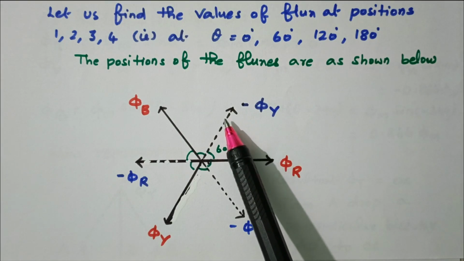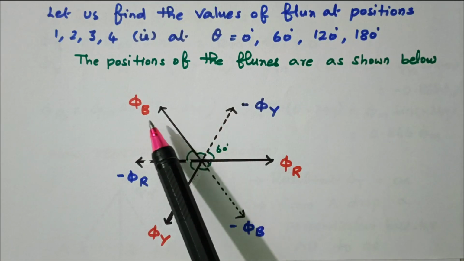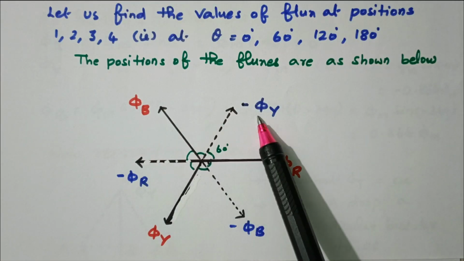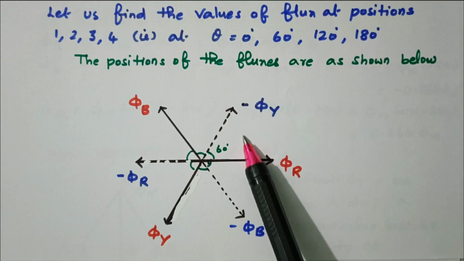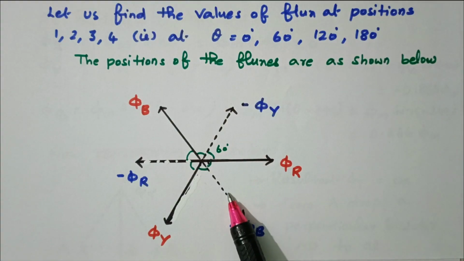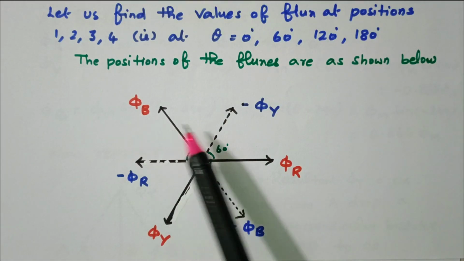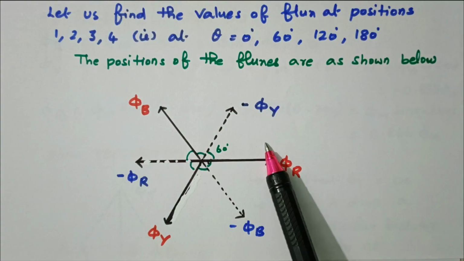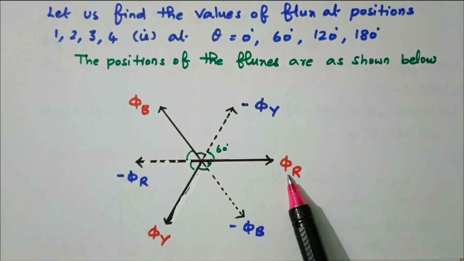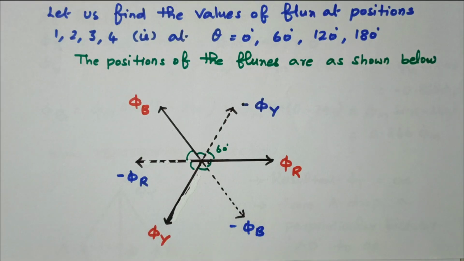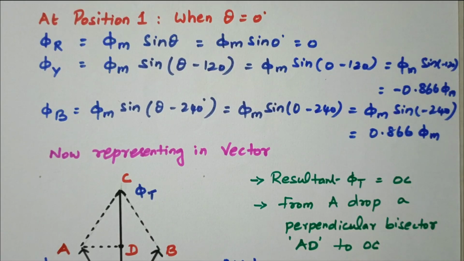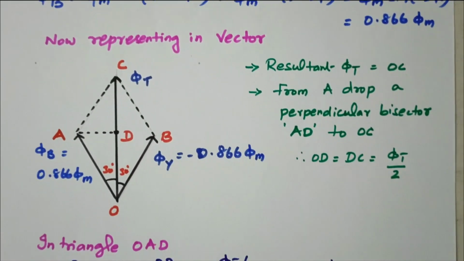This is position 2, position 3, position 4. In position 1, plus pi B and minus pi Y; in position 2, minus pi Y and plus pi R, and it will go like that. Now we'll go to position 1 and see the vector diagram we discussed in the waveform.